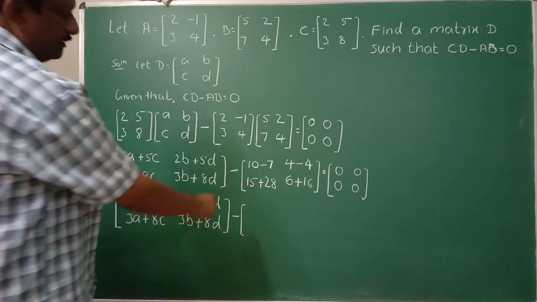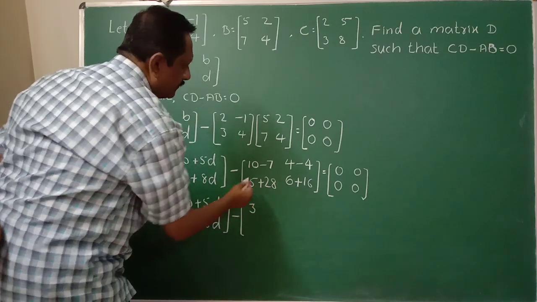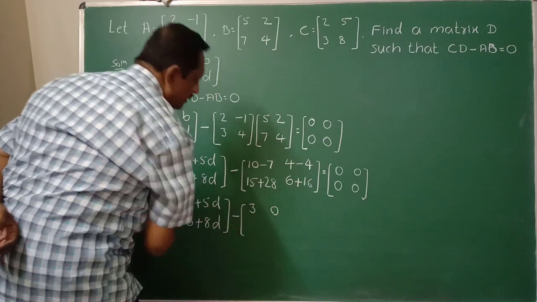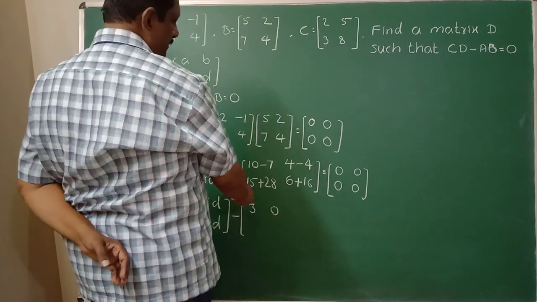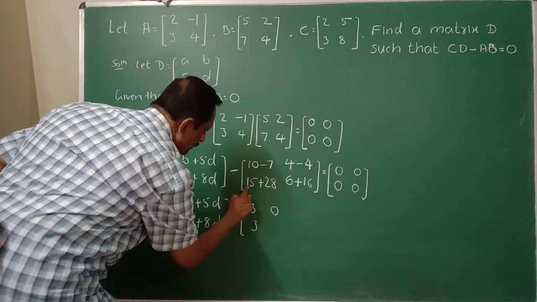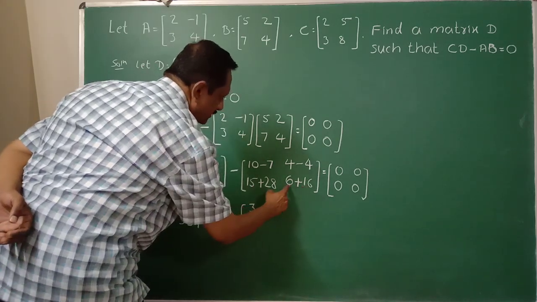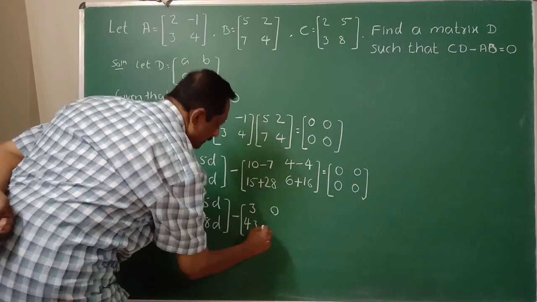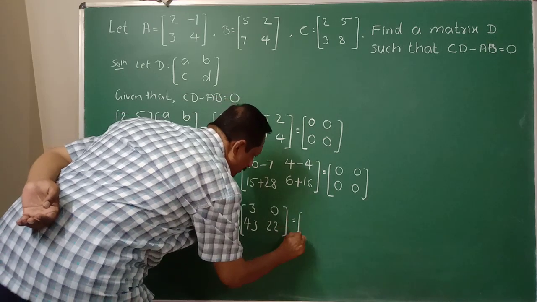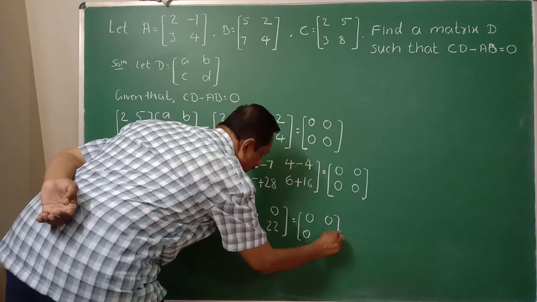Here 10 minus 7 is 3, 4 minus 4 is 0, 15 plus 28 is 43, then 16 plus 6 is 22. That is equal to the null matrix 0, 0, 0, 0.